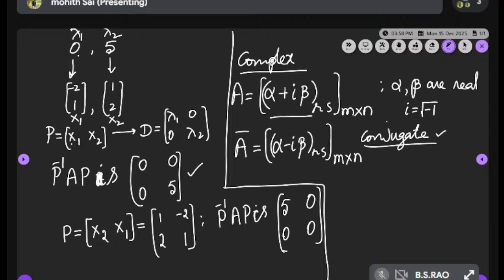So A conjugate equals alpha minus i beta, RS apart, m by n. Okay, this is about conjugate.